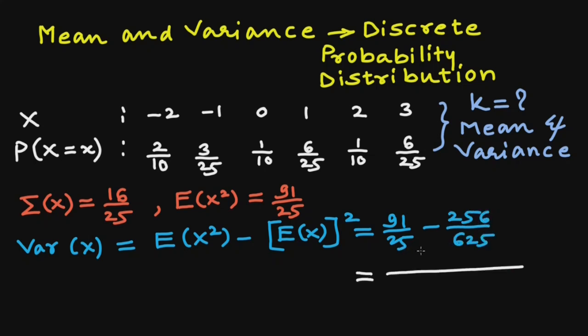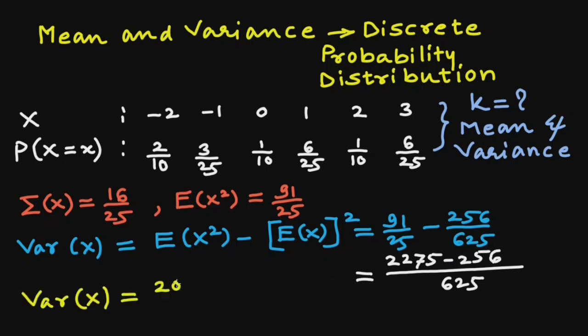LCM of 25 and 625 is 625. 625 upon 25 is 25. 25 multiplied by 91 is 2275, minus 256. So variance x will be 2019 upon 625. So we have mean 16 upon 25 and variance 2019 upon 625.